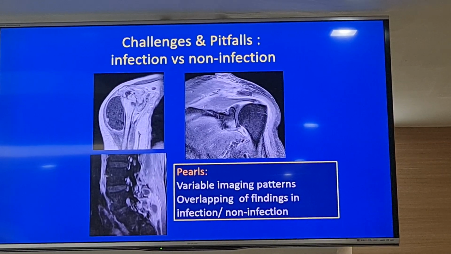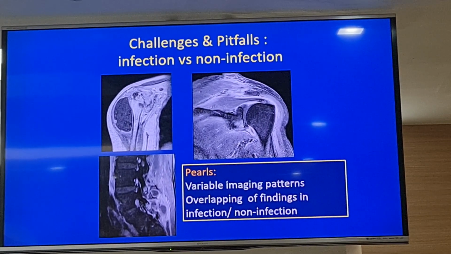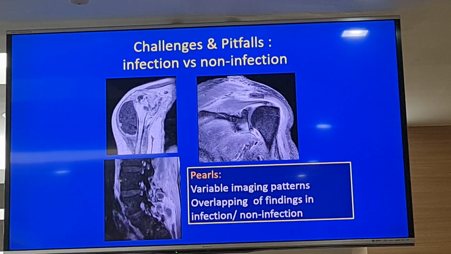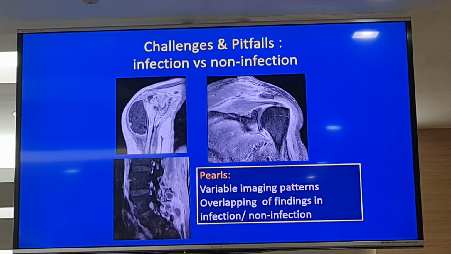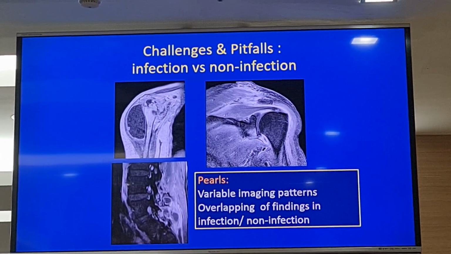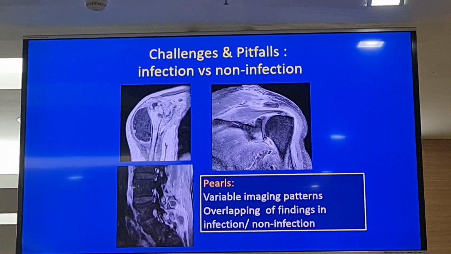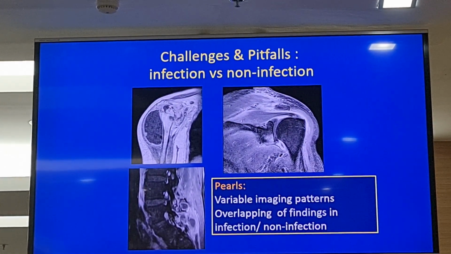So to sum up with the joint disease, you have variable imaging patterns. Intraosseous abscess is going to guide you to be concerned about an infectious process. But sometimes even synovitis alone directs you to infectious disease as well.